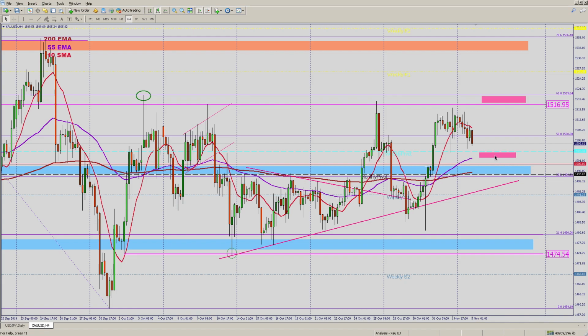In fact, let me lower this to between the 55 period EMA and the 1500 level, and this is going to be a key support zone for gold.